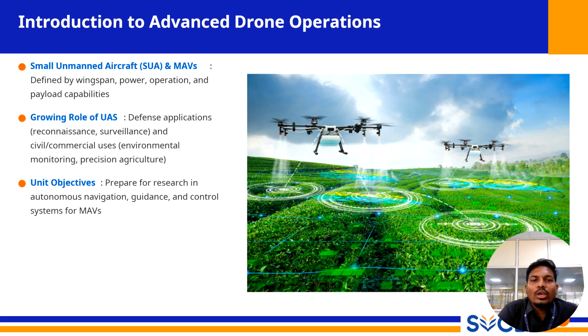Here, the drone equipped with specialized sensors can monitor crop health, identify areas needing water or nutrients, and even apply treatment with incredible accuracy. This leads to higher yield, lower cost, and more sustainable approaches to farming.